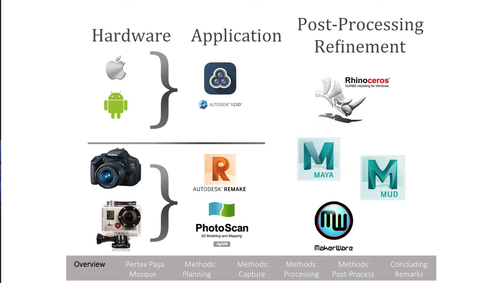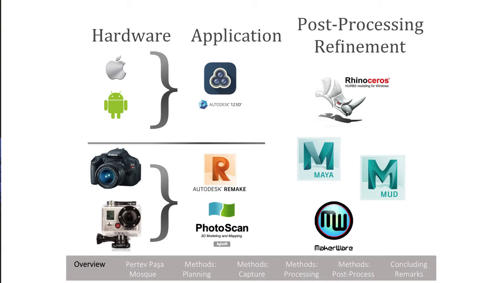Once we've collected our data, we process these photos into the initial three-dimensional digital model. We then go through a series of post-processing refinements where we actually have to manipulate that model to make it accurate. There are a lot of distortions that have to be corrected. There are some geometries that can be simplified, and some geometries that can be overlaid as well.